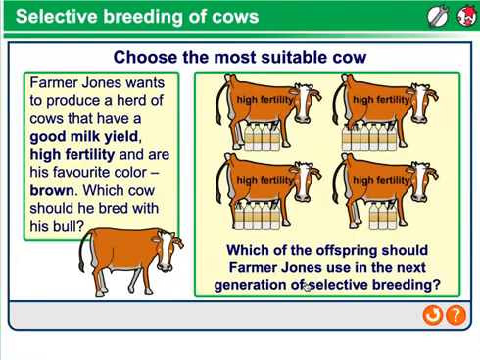Now, which of the offspring should Farmer Jones use in the next generation of selective breeding? Most likely he would choose this organism.